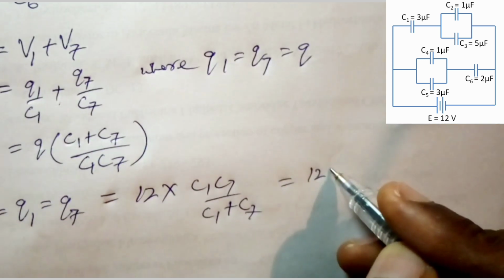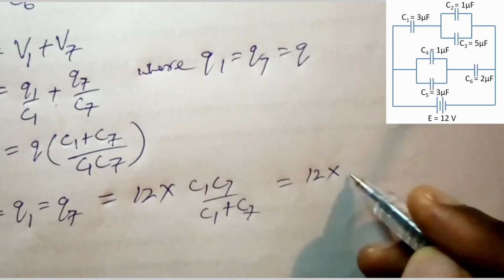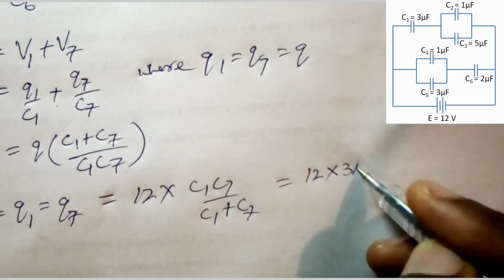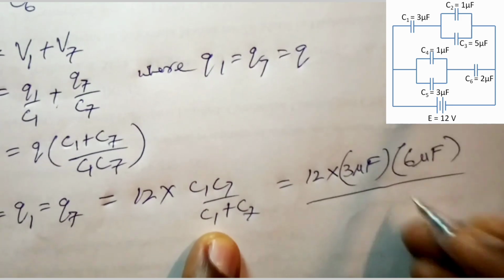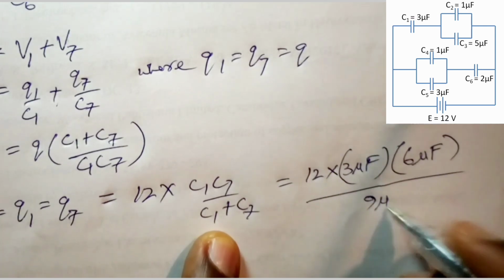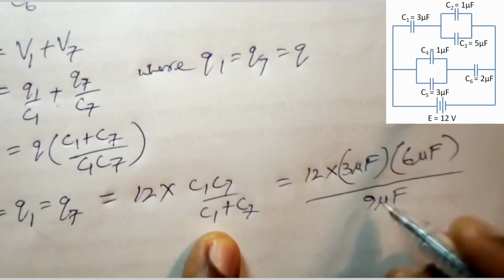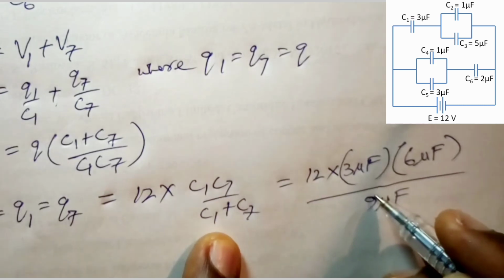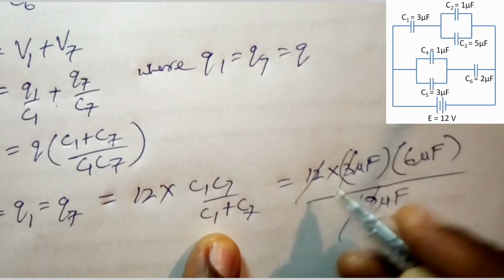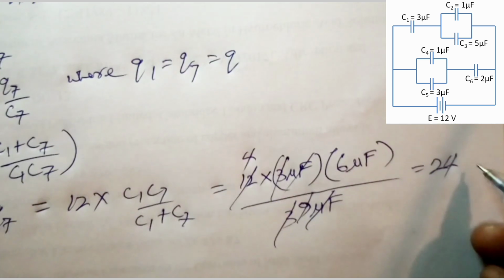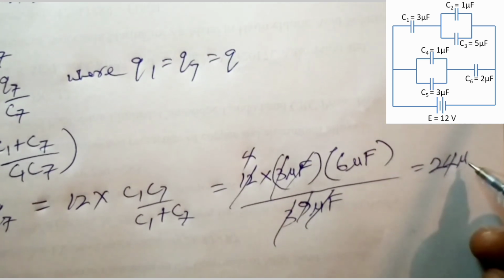C1 is equal to 3 microfarad, times 6 microfarad, over 9 microfarad. So 3 here, 3 here, 3 times 4 is 12, times 2 gives 24 microcoulomb.